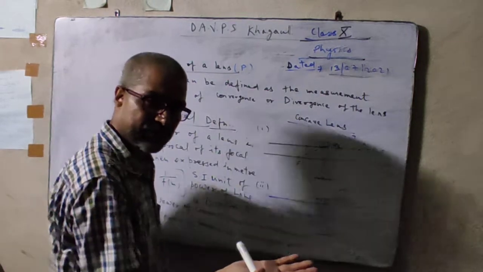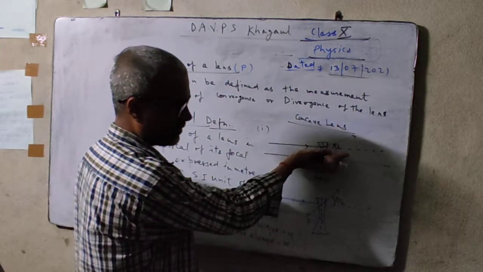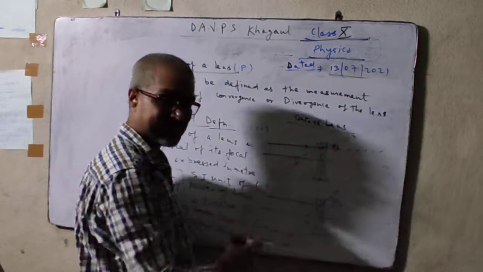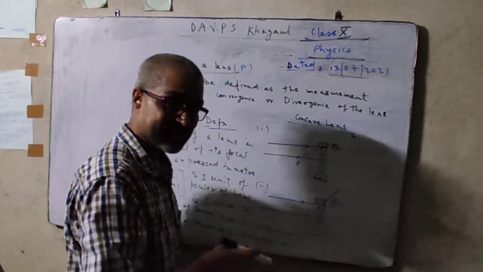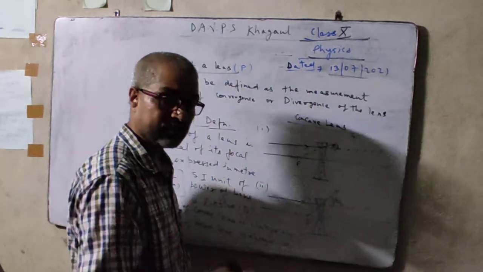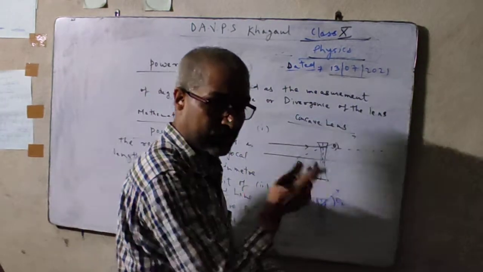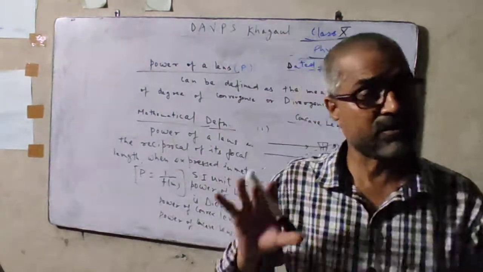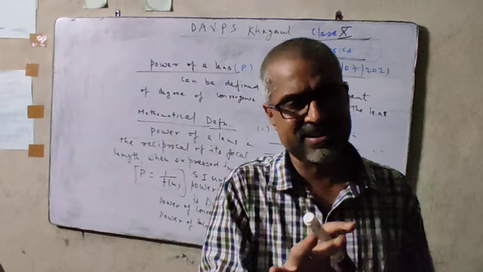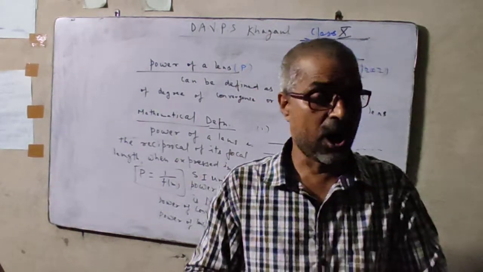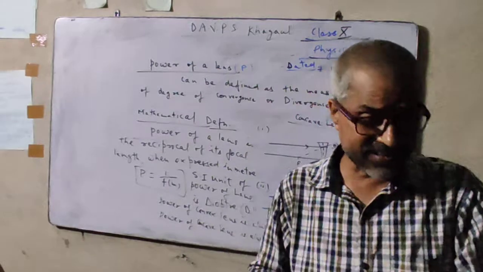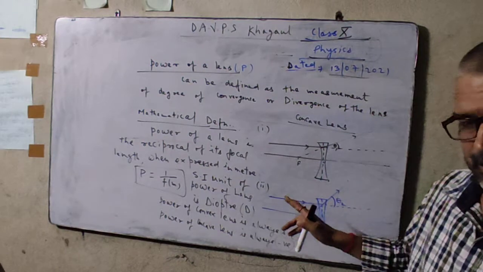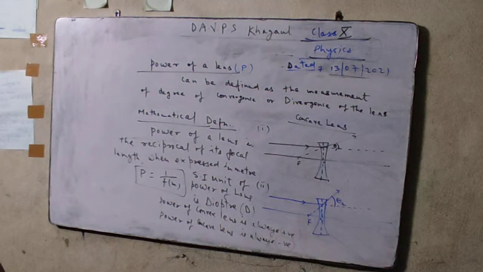So that means a small deviation, a small divergence, a small degree of divergence, a small power, less power. So these are the points to understand the behavior on the basis of power of lens. Because the main function of lens is to converge or diverge. How much it is going to converge or diverge depends on focal length. I hope you understand what I am saying.